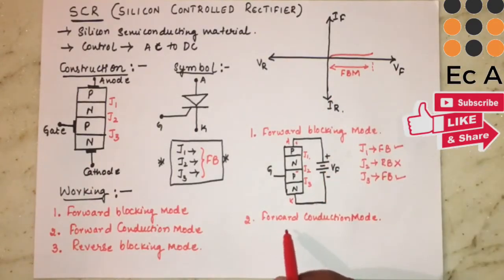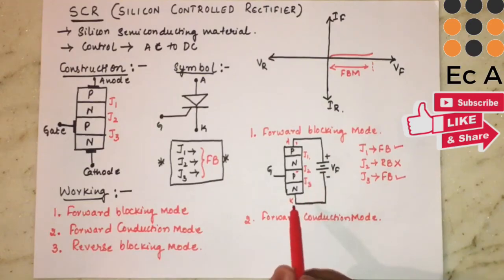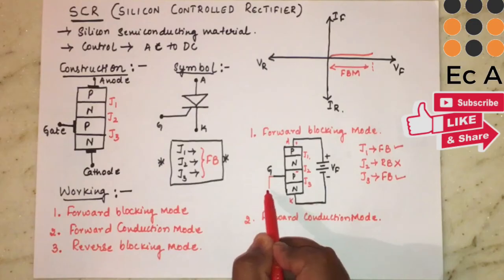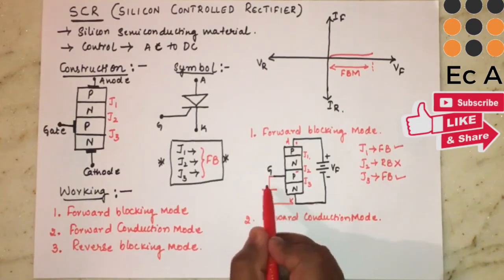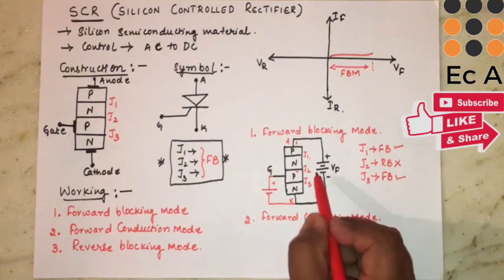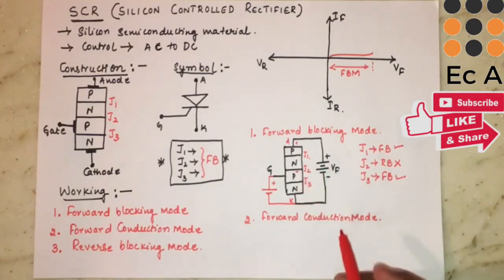Now let us see the forward conduction mode. In forward conduction mode, anode and cathode will be forward bias. This voltage will be retained, but we apply one more voltage between gate and cathode. We apply positive voltage towards the gate and negative voltage towards the cathode. This will make junction J2, which was reverse bias, forward bias.